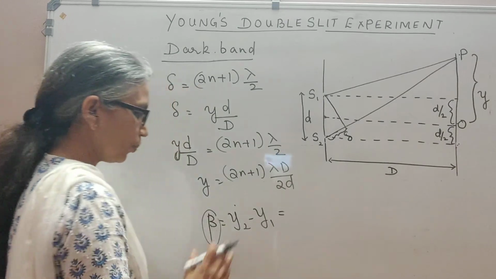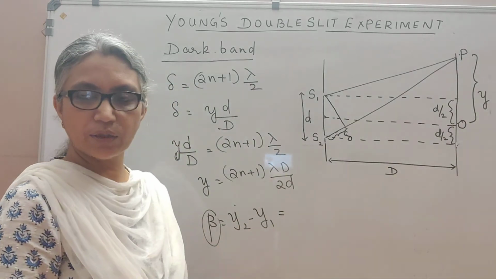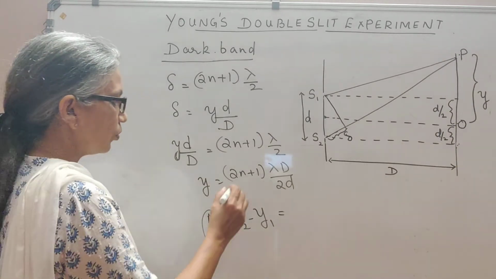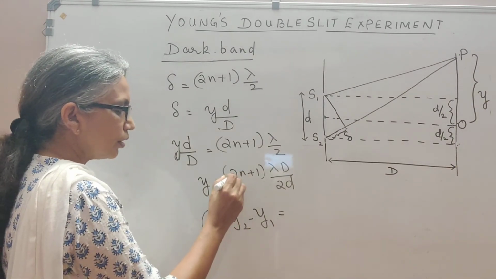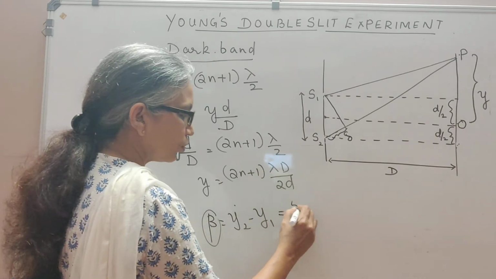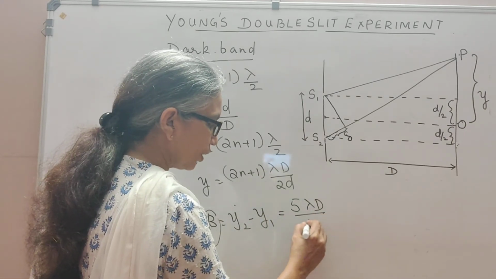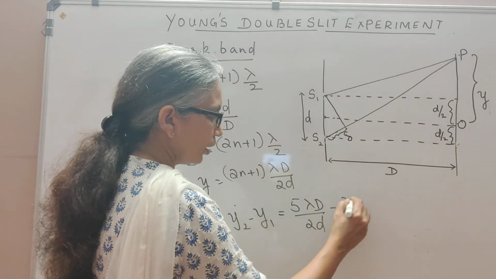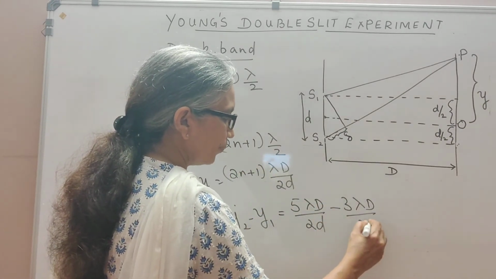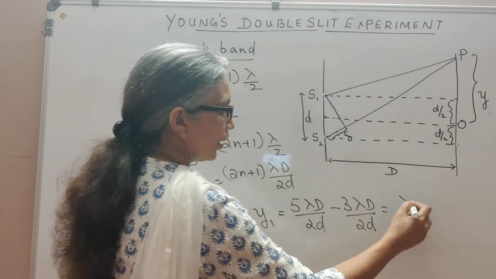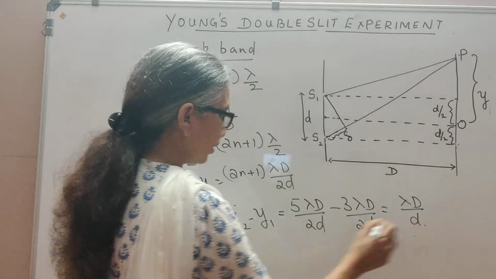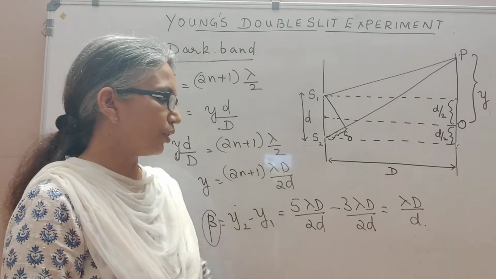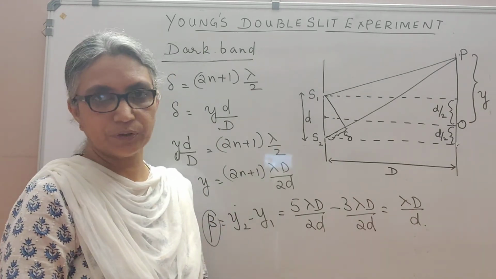If I do y2 minus y1, or y3 minus y2, or yn minus yn minus 1, you will see if I put 2 here, this is 4 plus 1, 5 lambda D by 2d. And then if I put 1 here, that will be 3 lambda D by 2d, and you get this as lambda D by d. You will see that the fringe width for the dark band and the bright band are the same, which is lambda D by d. Okay.